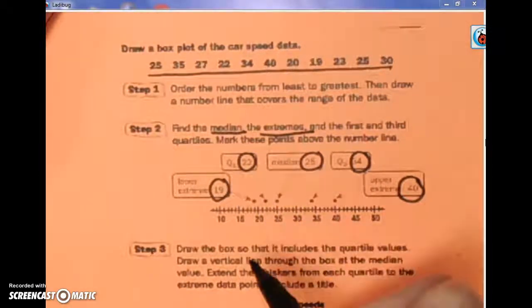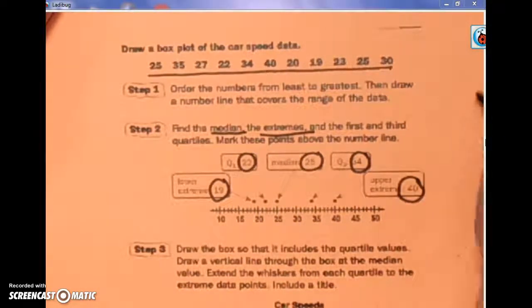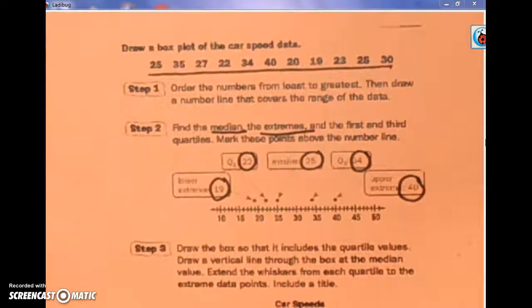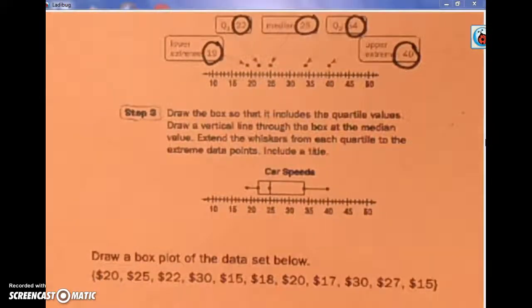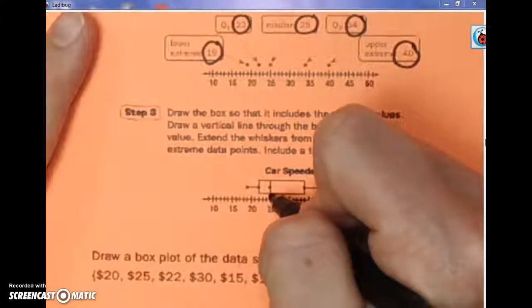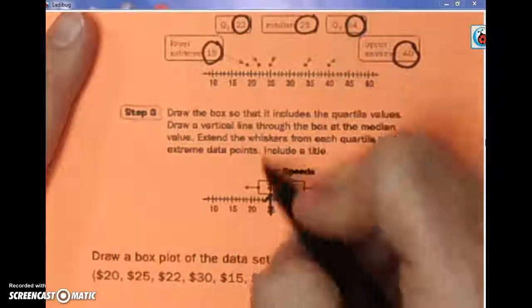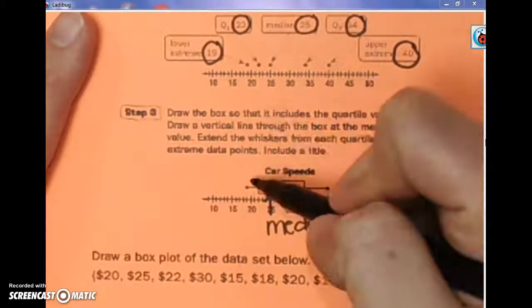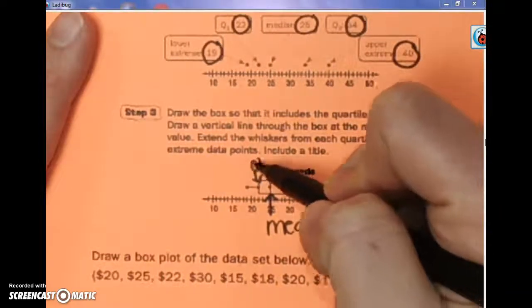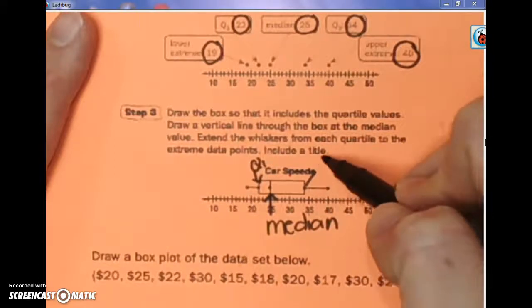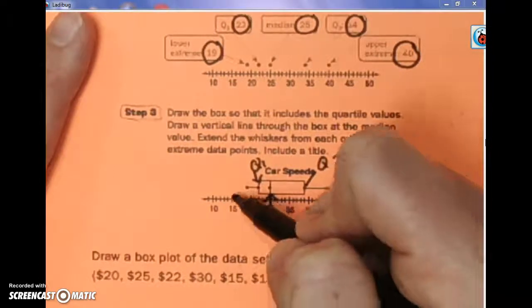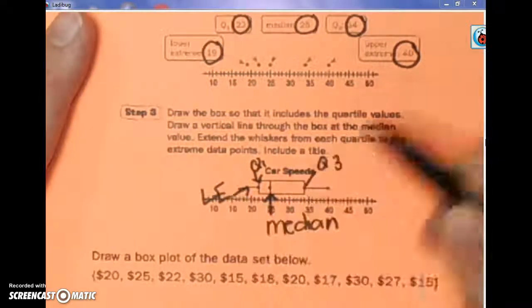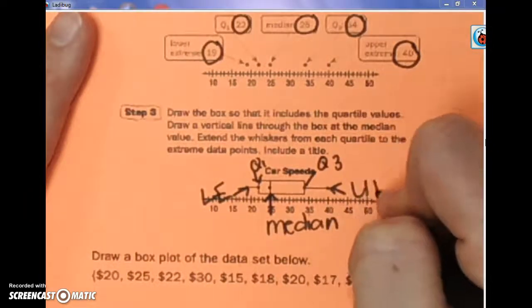And they got quartile 1 when you had the numbers in order from least to greatest. And then step 3 is actually drawing it on there. This line right here with the middle dot, that is the median. This is Q1, Q3, that's the lower extreme, and then the upper extreme.